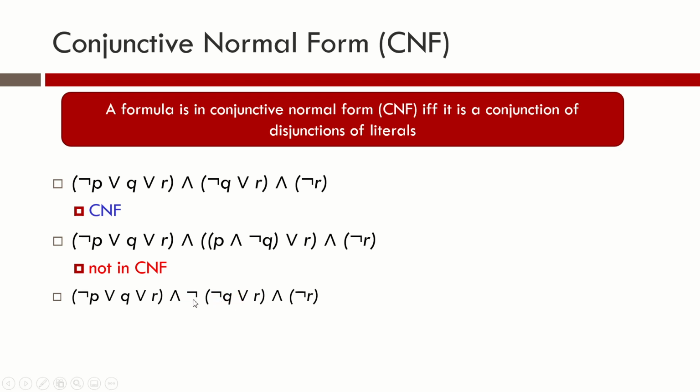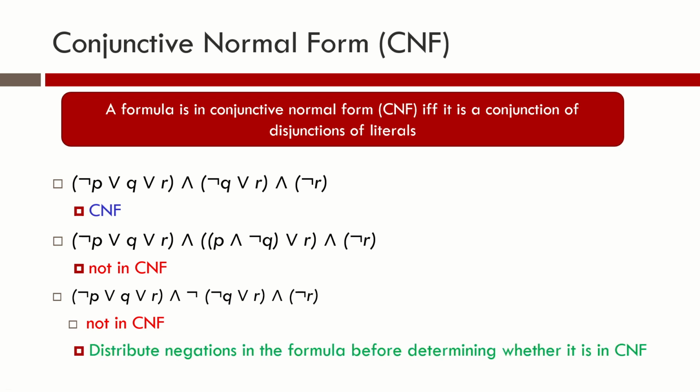If we have a formula negation of A or B, when we distribute negation, it becomes negation A and negation B. So this formula will become negation of negation Q, which is Q, and negation R, which means here you will have a conjunction. And since we have a conjunction here, this is not in CNF.